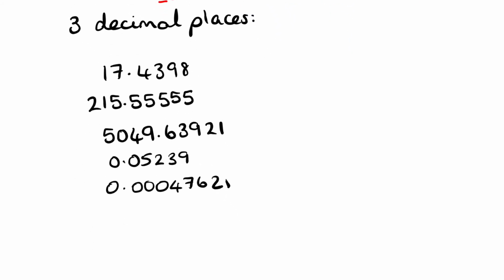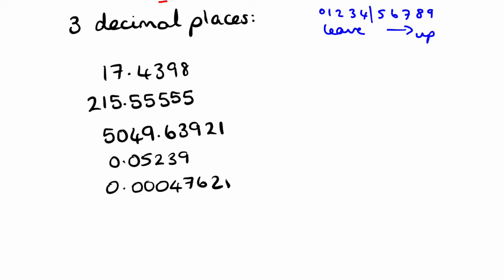Likewise for 3 decimal places, this will not be a surprise to you. Again, I'm just going to write my 0, 1, 2, 3, 4, 5, 6, 7, 8, 9 there, just to help us. So 3 decimal places means we're looking at the third number after the decimal point and deciding whether to leave that as it is or change it to the next number up by rounding it up.